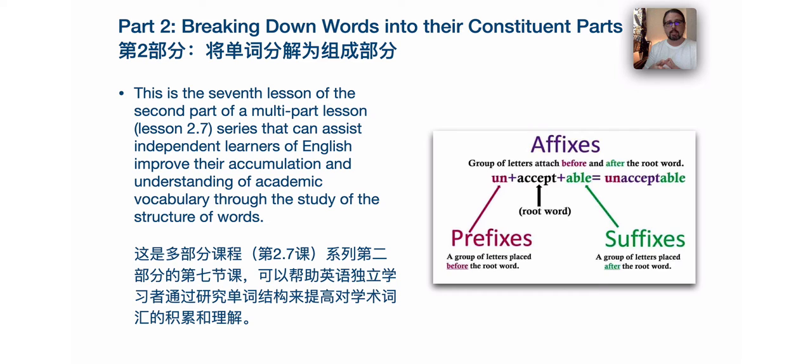So prefixes, there's anywhere between 30 to 50 commonly used prefixes, and we're going through from A to Z, what those prefixes are, what they mean, and then we are looking at several examples of words containing those prefixes.